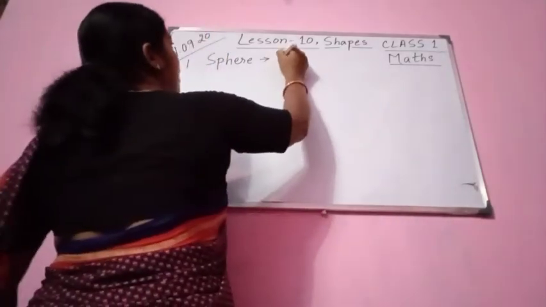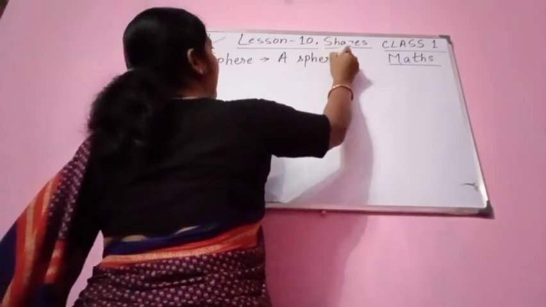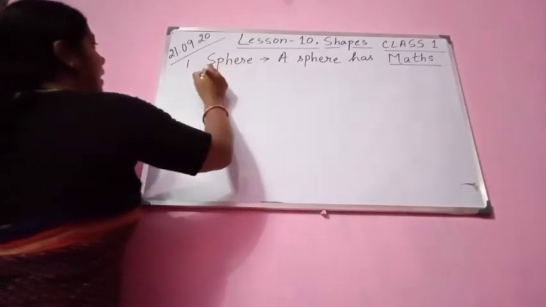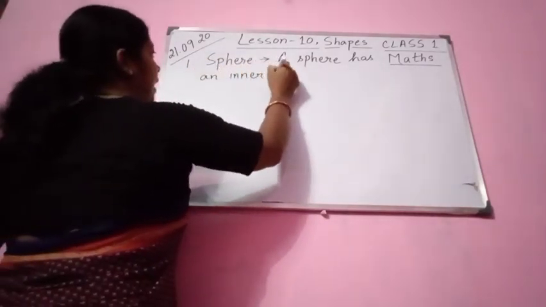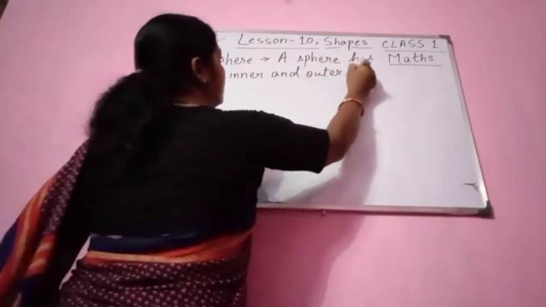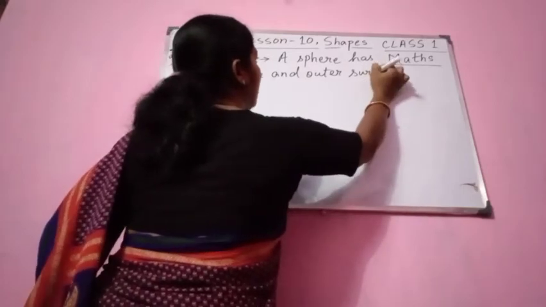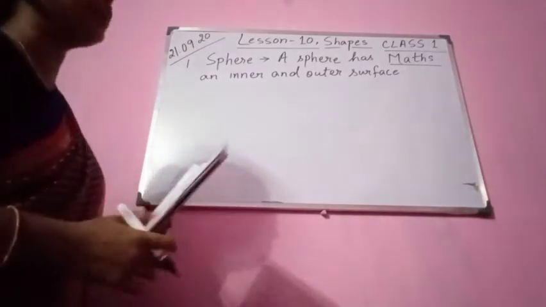You write down, a sphere has an inner and outer surface. A sphere has an inner and outer surface.